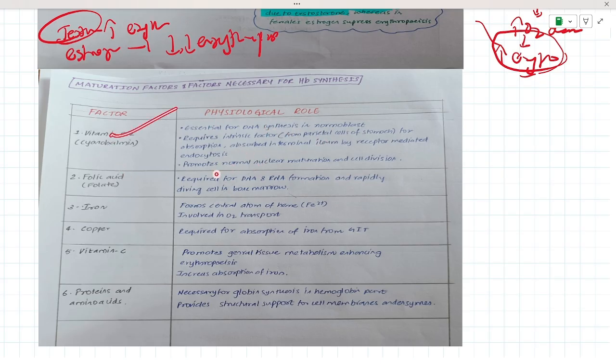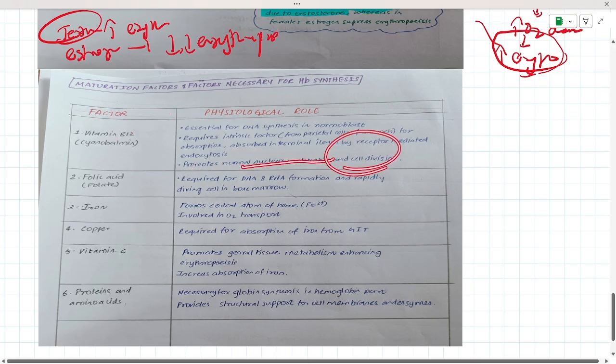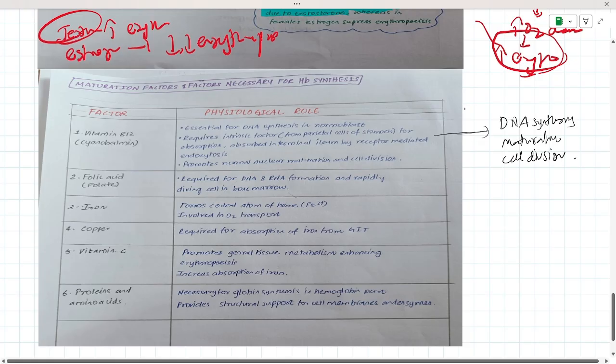Vitamin B12 also promotes normal nuclear maturation and cell division. Basically, it is required for DNA synthesis, maturation and cell division. Please ignore my handwriting, guys.